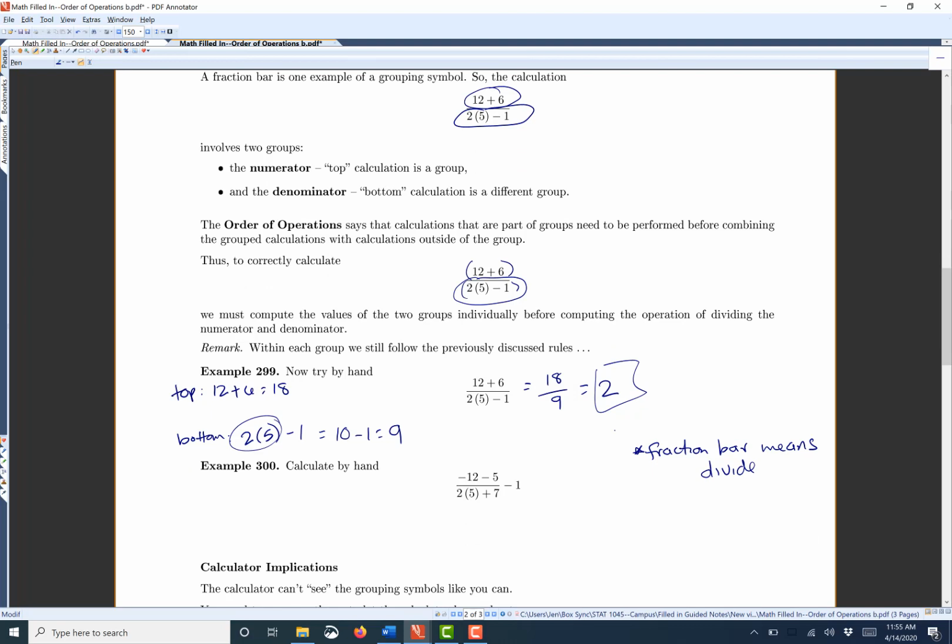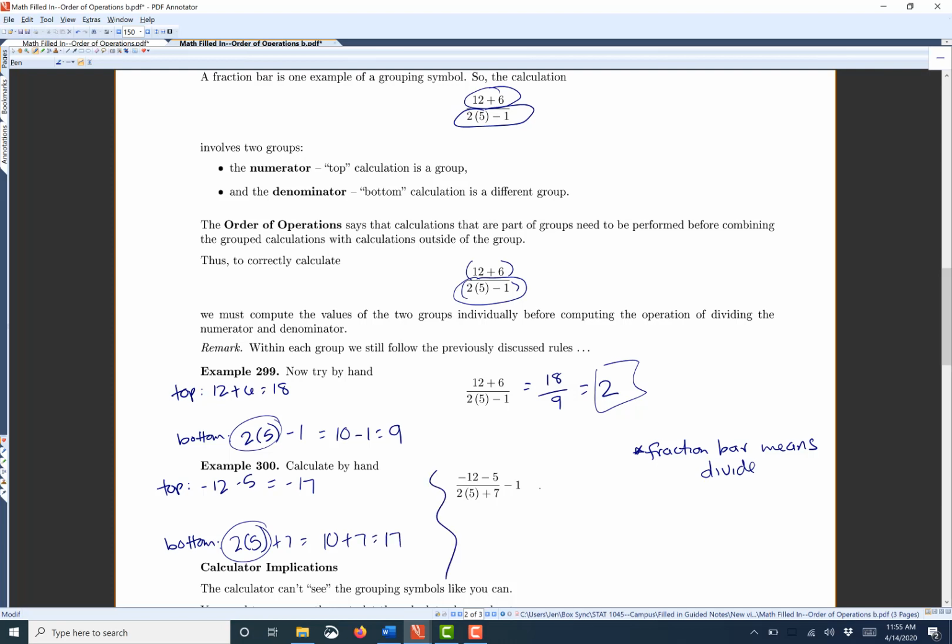Let's try this next one. So again, I'm going to come off to the side and do everything on the top and everything on the bottom. The top is negative 12 minus 5. So negative 12 minus 5 will give me negative 17. The bottom was 2 times 5 plus 7. So we'll do this 2 times 5. We do the multiplication first, so that will be 10 plus 7 gives me positive 17.